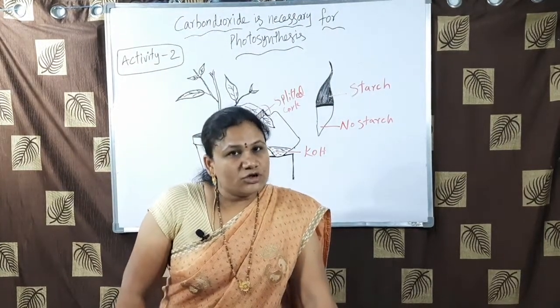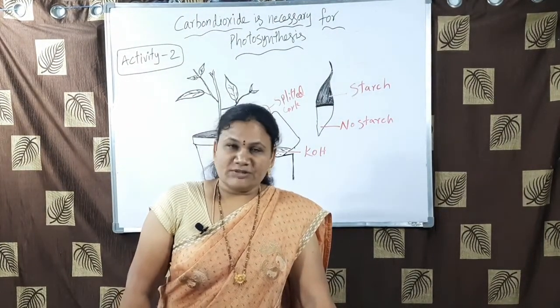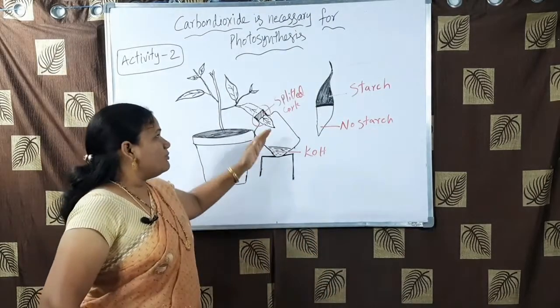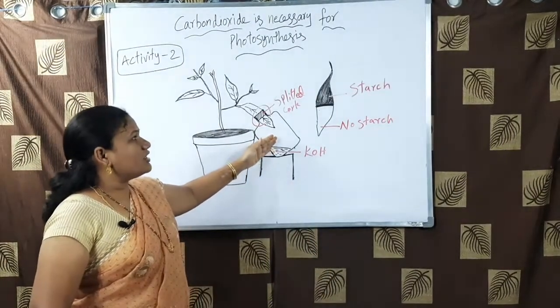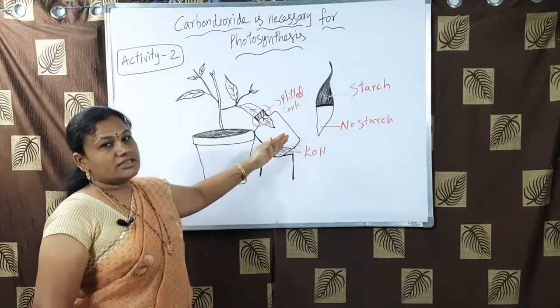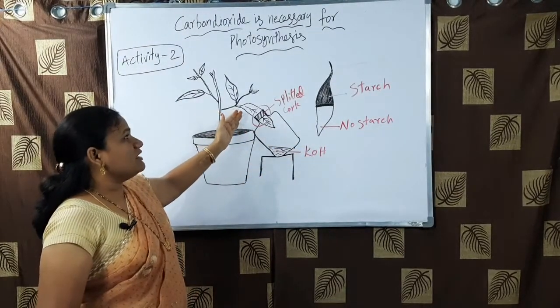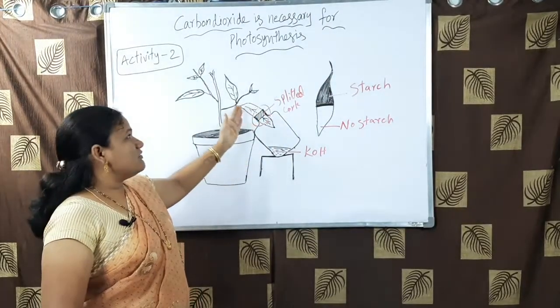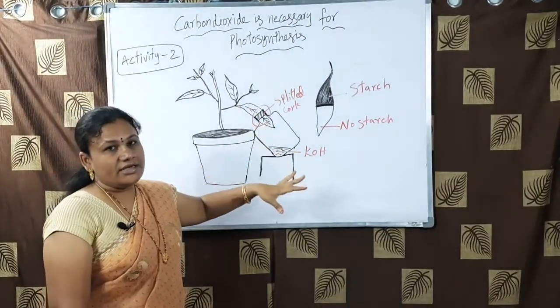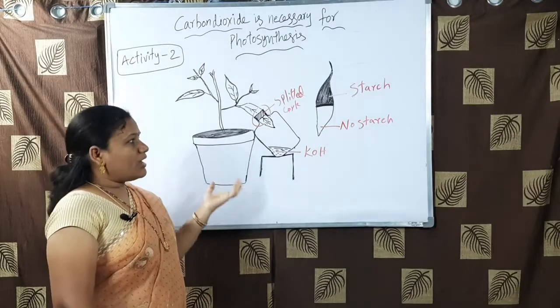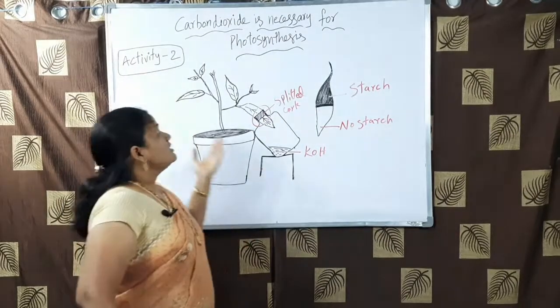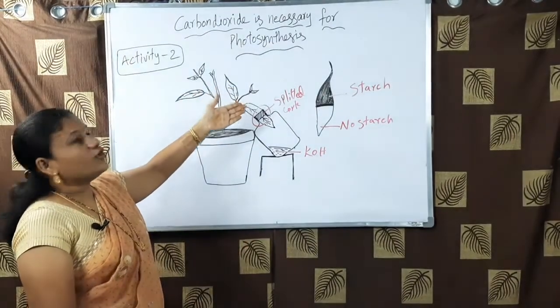Hence, no photosynthetic activity takes place, and the part of the leaf inside the bottle does not turn blue black. The part of the leaf outside the bottle turns blue black because there is abundant air and sunlight. So by this we can prove that CO2 is essential for photosynthesis.